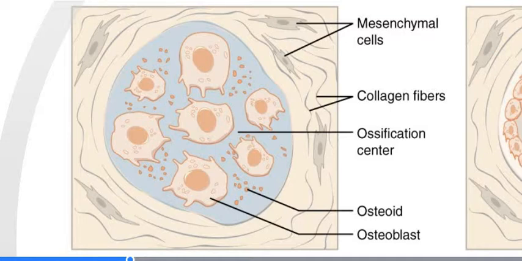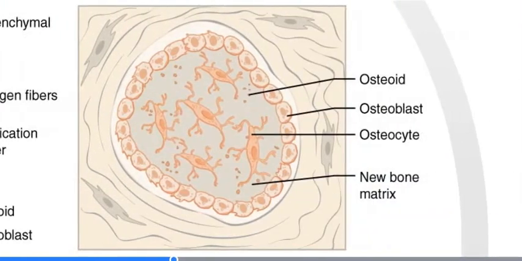Now, osteoblasts are mostly concerned with making bone matrix, and they do that by secreting osteoids, which are proteins and other large molecules which will incorporate calcium salts into the bone matrix, and it'll start to calcify. As that new bone matrix starts to calcify, some of those cells will get trapped within the bone matrix, so to speak.